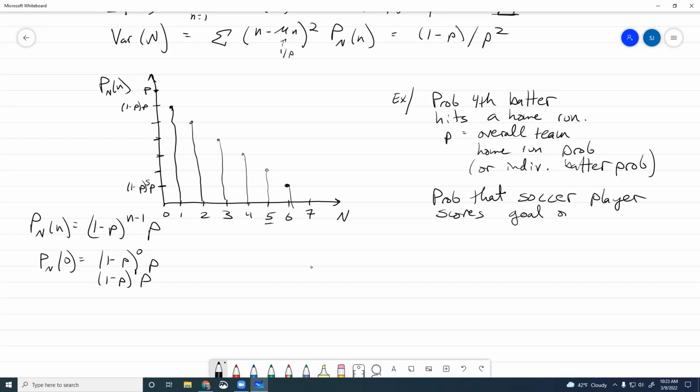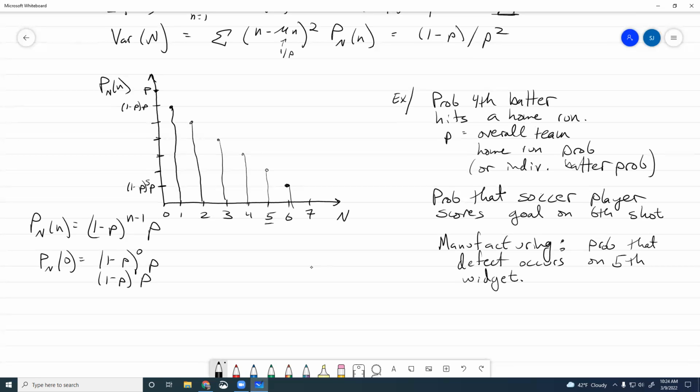Expecting 0, 1, 2 widgets before the inspector comes across the defective widget. Okay, so manufacturing. So probability that we have a defect. We'll say 5th widget.